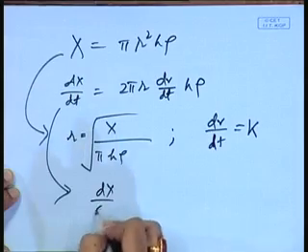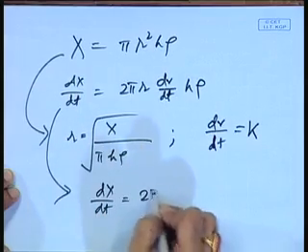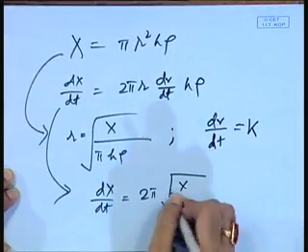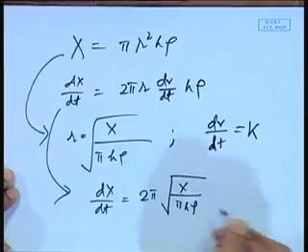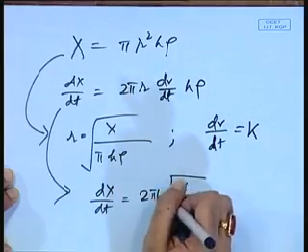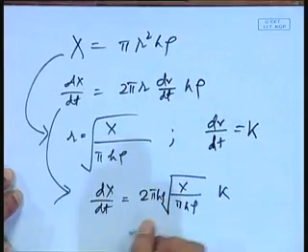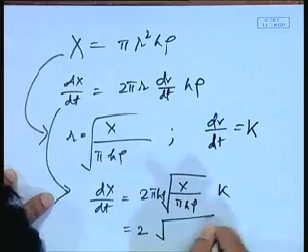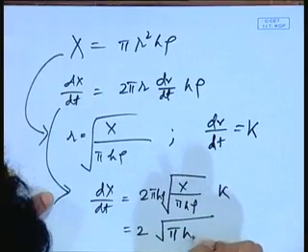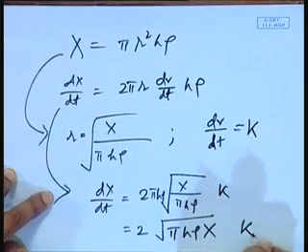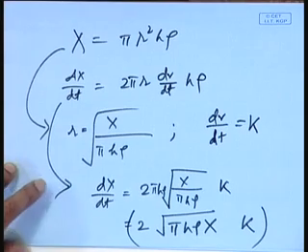I get dx/dt equals 2 pi times the square root of x over pi h rho, times k.